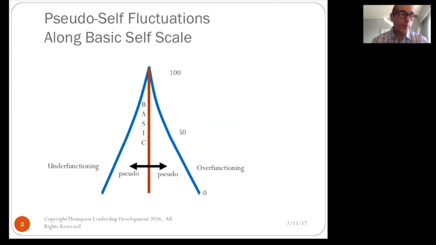You could fluctuate between being tremendously insecure and arrogant, or over-functioning and under-functioning, as I've depicted here, as one good example of how fluctuations will occur at lower levels of basic self. But as you go up the scale, these fluctuations become less and less.